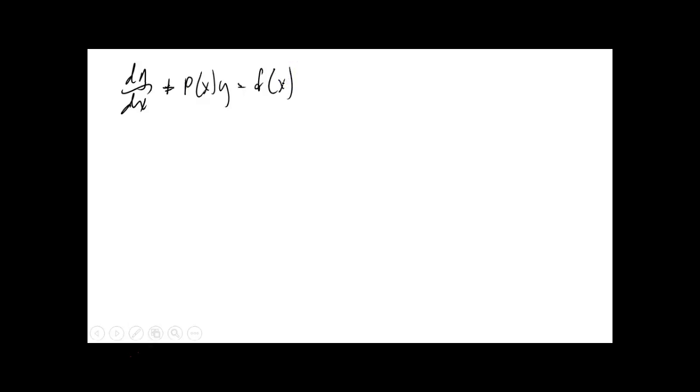Okay, there's your equation. Now this is called a linear equation because your y has a first derivative to the first power, y to the first power, and everything else is terms of x.